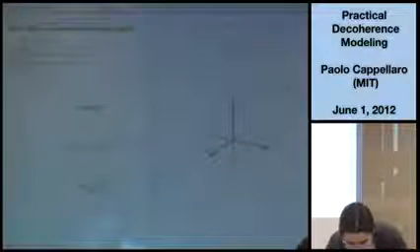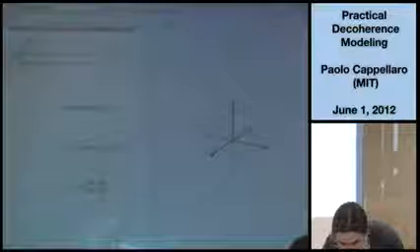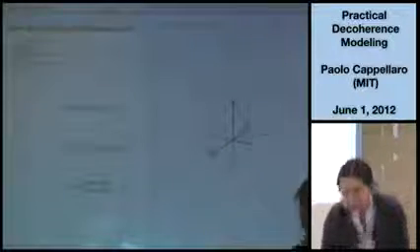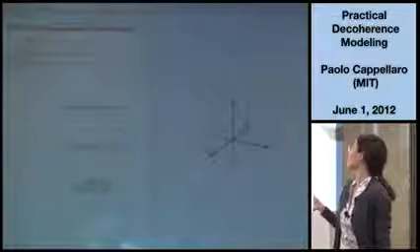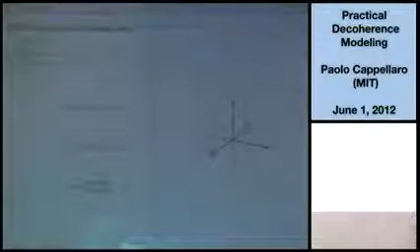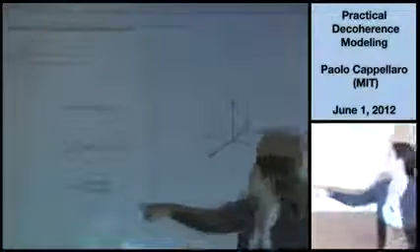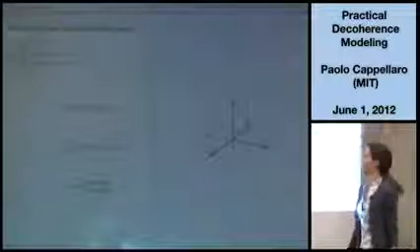Okay? So, for example, I can change my angle theta, and you will start having a superposition between the 0 and 1 state. And here I have a superposition between sigma x and sigma z basis states. And your matrix, this is what it looks like.